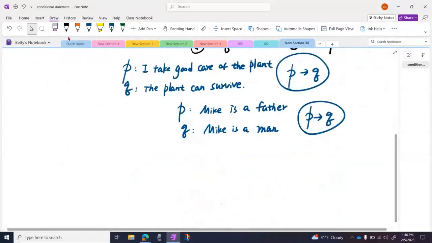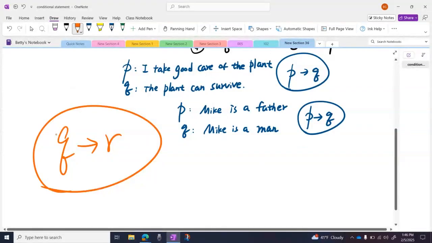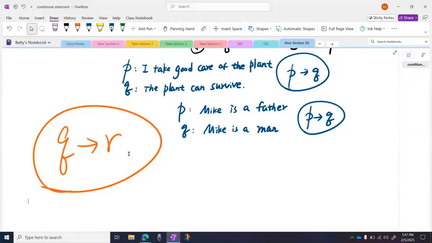By the way, if we have Q implies R, tell me which one is antecedent, which one is consequent. If you are looking at a conditional, let's say Q implies R, which is antecedent, which is the consequent?